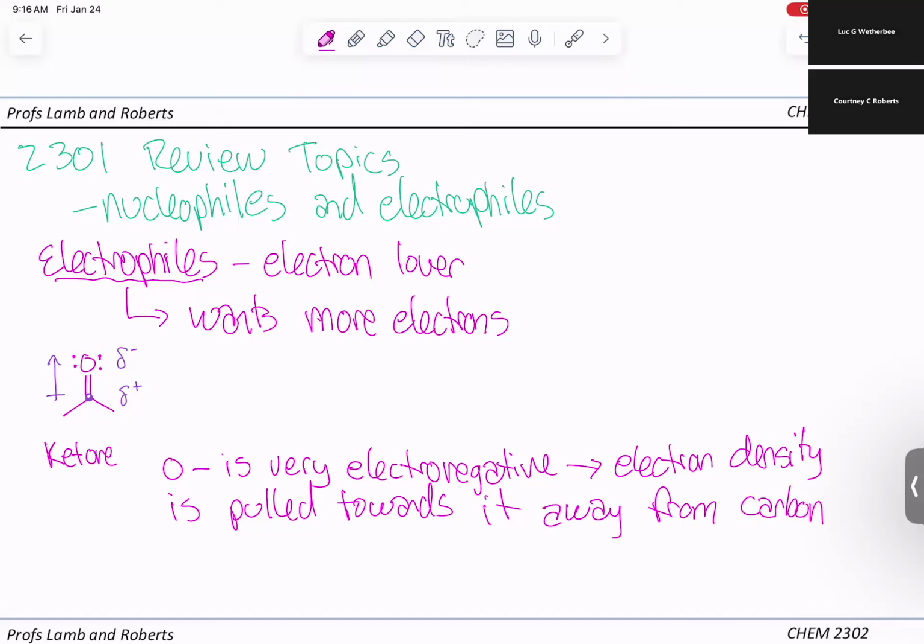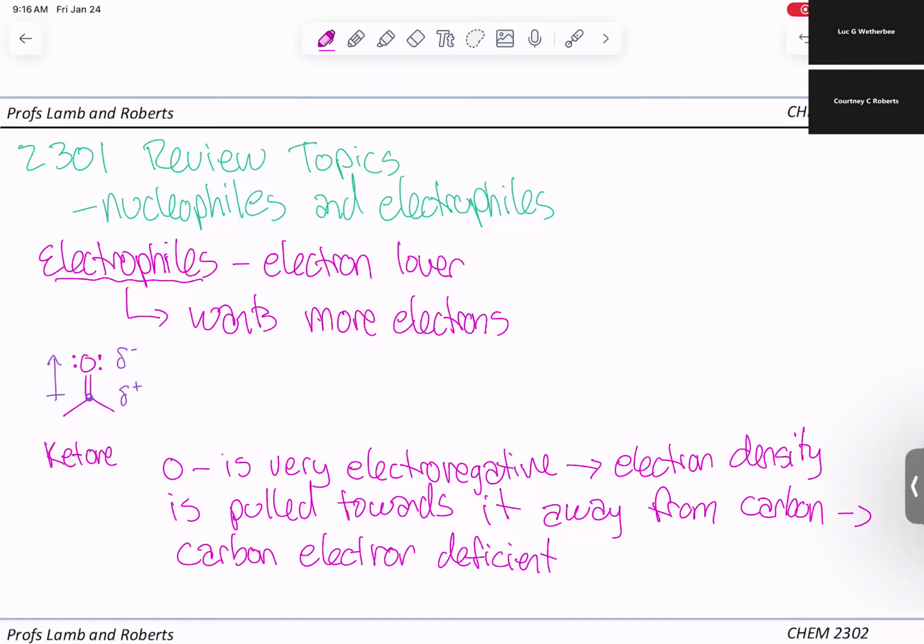All right, so it's pulled away from carbon. We call this, the carbon is electron deficient. When something is deficient of something, it probably wants more of it back. So now that's how we've been able to identify that our carbon is going to be our electrophile, our electron lover, because it's lacking electron density.